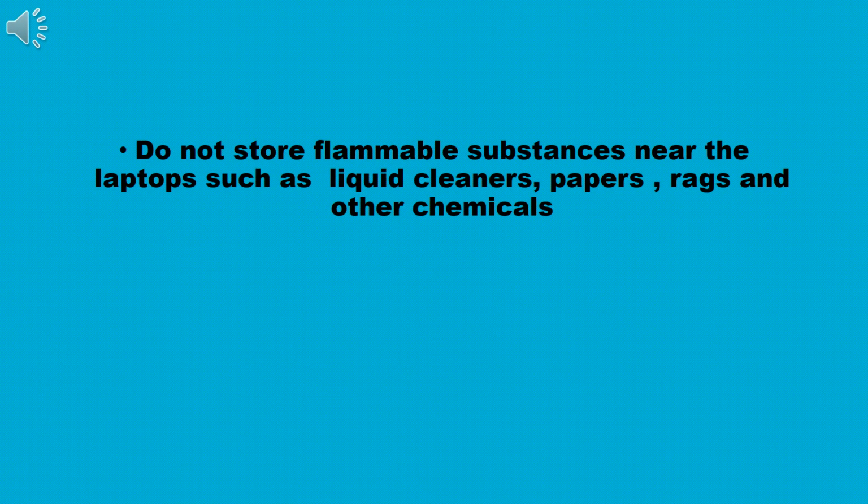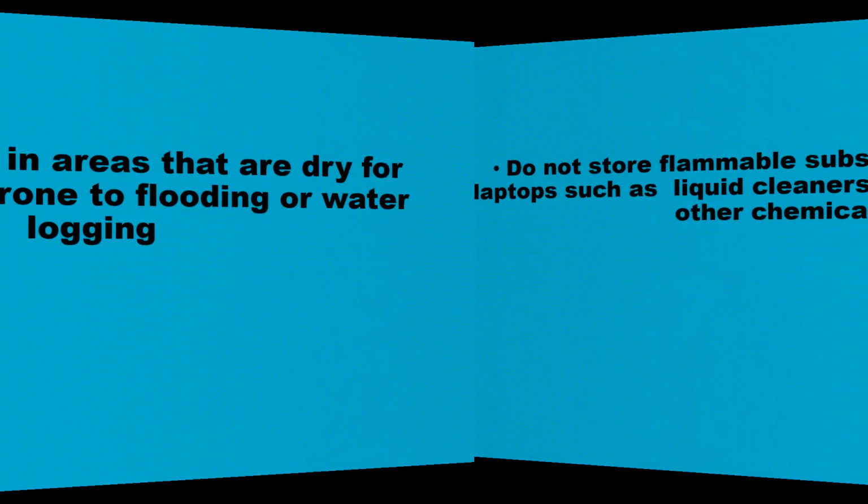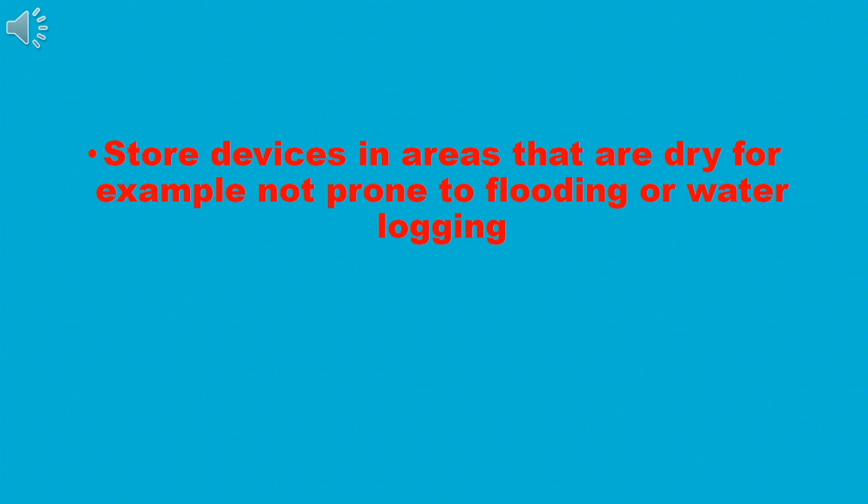Do not store flammable substances near laptops, such as liquid cleaners, papers, rugs, and other chemicals. Store devices in areas that are dry, for example, not prone to flooding or water logging.